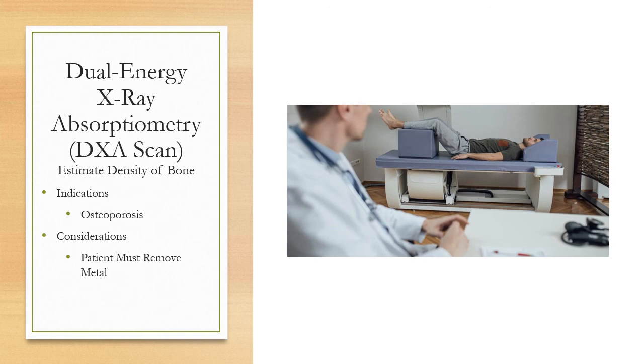Okay, and then you're given a score. Okay, and the score tells us whether you have normal bone density, osteopenia, meaning it's getting a bit thin, but it hasn't reached the osteoporosis stage, or yes, your bone is thin enough to be considered osteoporotic.